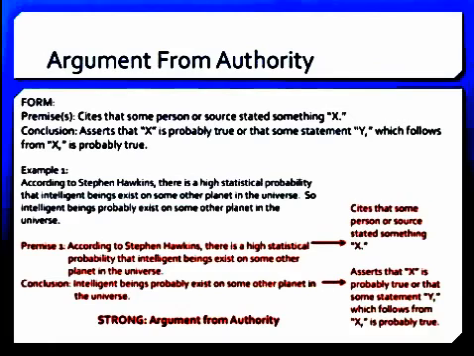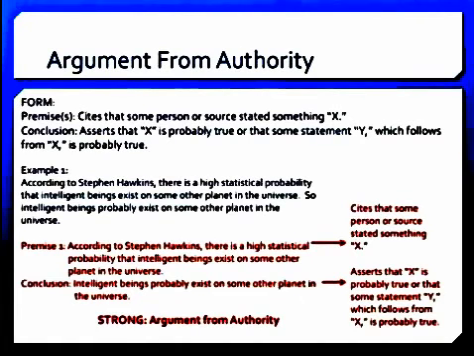The conclusion is that intelligent beings probably exist on some other planet in the universe. Now this asserts that the proposition X is probably true, or that some statement Y which follows from X is probably true. In this case, this conclusion is asserting that some proposition X, that intelligent beings probably exist on some other planet, is probably true.